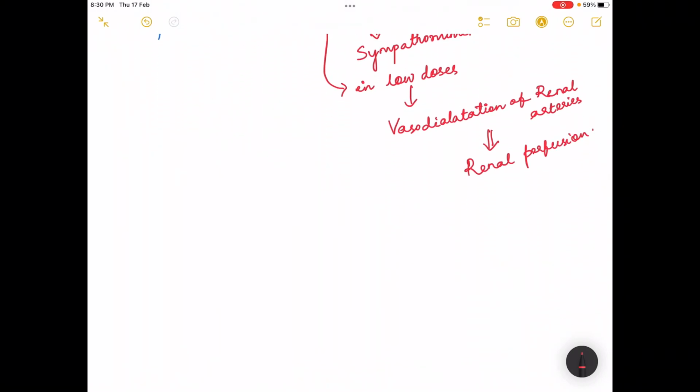In another video we will discuss at what doses dopamine has which kind of action, but for now let us concentrate on how to calculate the infusion rate of dopamine.